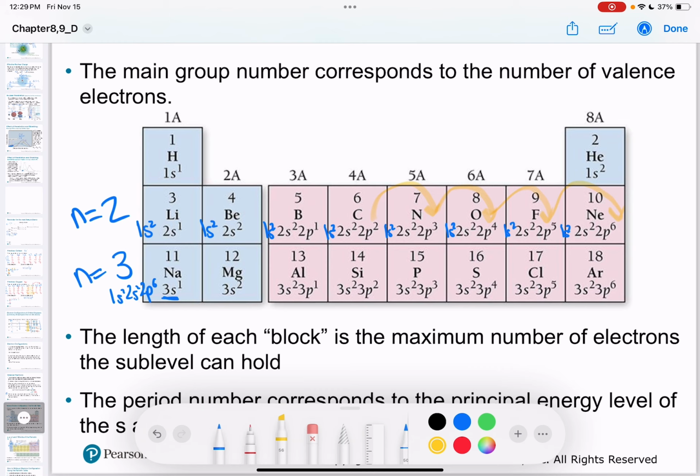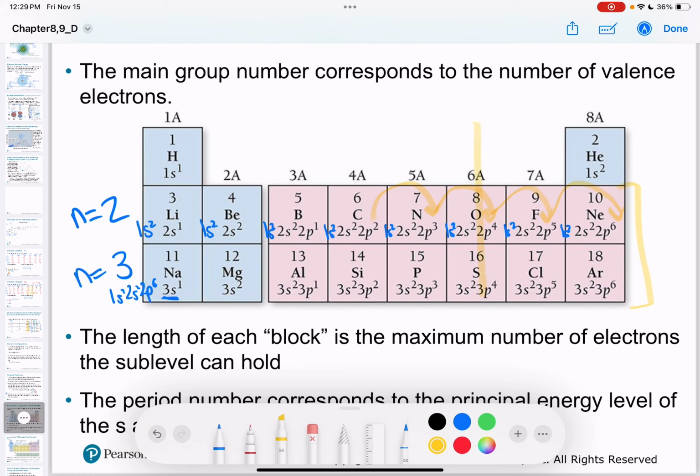Okay, the other thing to notice is that in a column, they have basically the same electron configuration, just one level higher for their valence shell. So like in the noble gases, those are all going to be whatever row it's in, S2, P6.